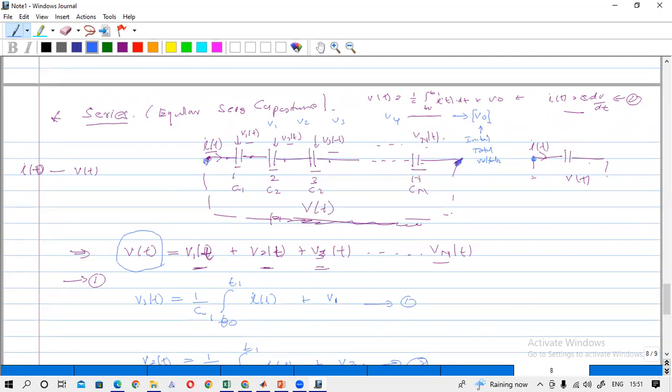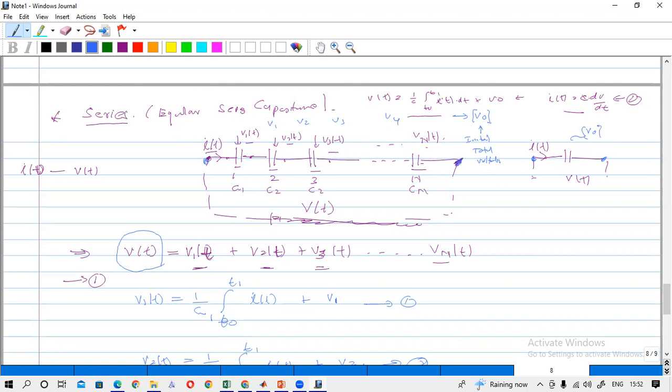If you consider one capacitor, that initial voltage also should be equal to this one, because you are finding the equivalent capacitance for this band. So you are finding V naught. Here also it is equal to V naught.